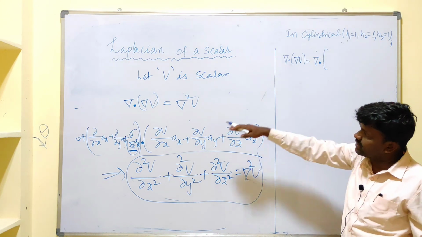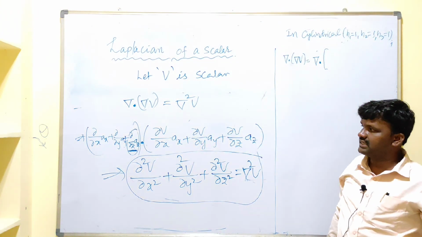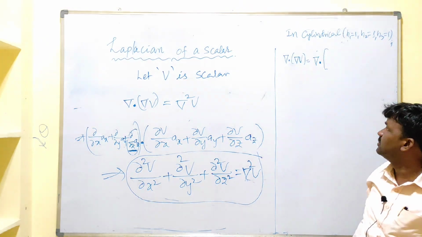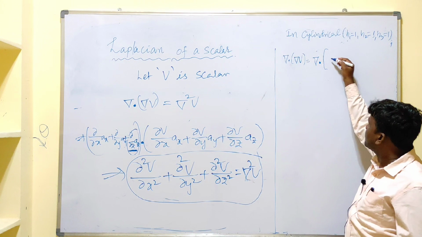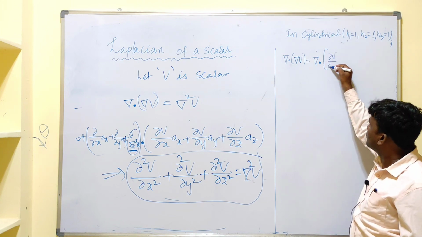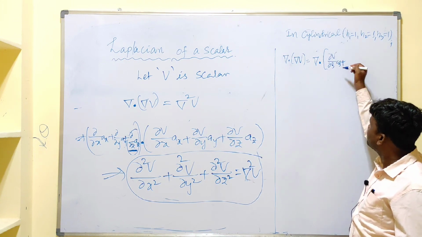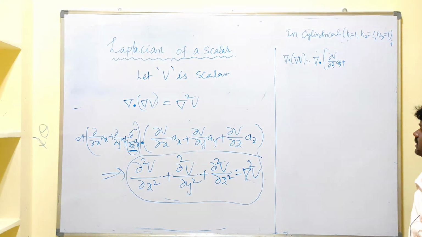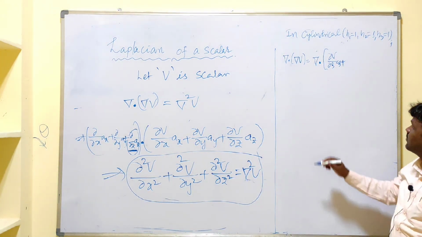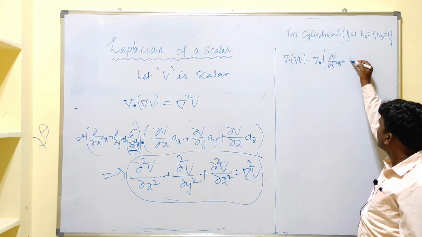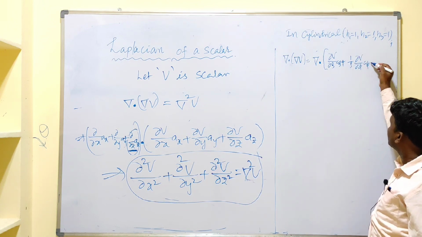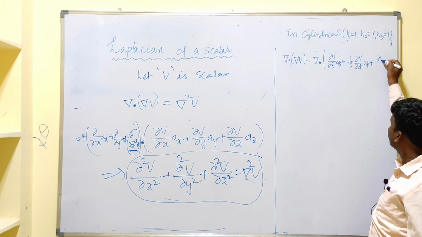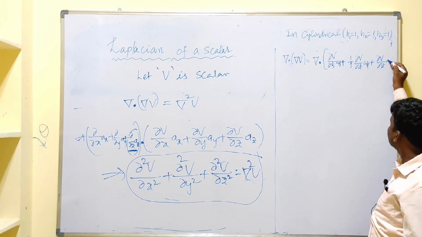If it is Cartesian, we can directly write dou by dou x ax plus dou by dou y ay plus dou by dou z az. Now, what is del v? That is dou v by dou rho a rho plus 1 by rho dou v by dou phi a phi plus dou v by dou z az.